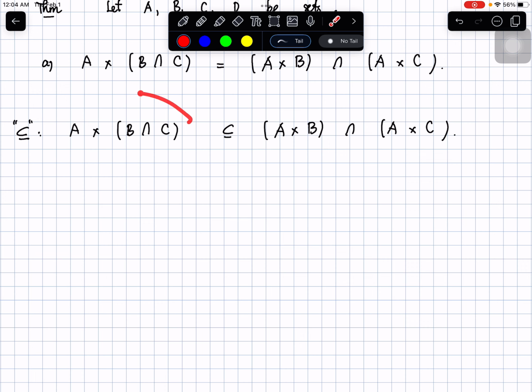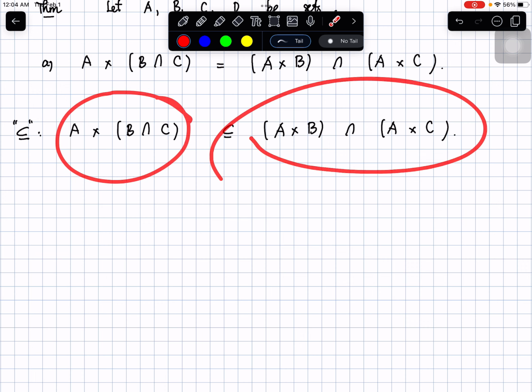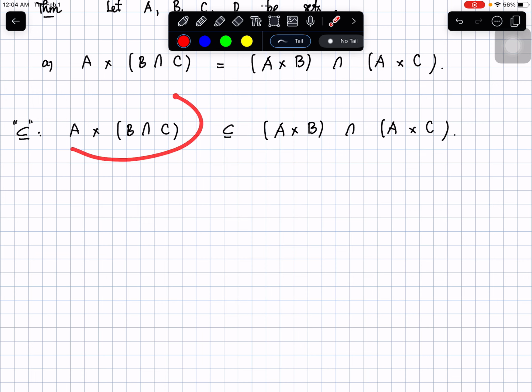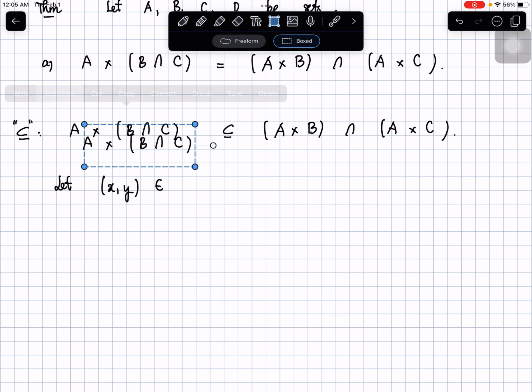So set A is a subset of set B if any element in A is an element in B. Right? So now pick an arbitrary element. Because this is a Cartesian product, I can just write it as x comma y, an arbitrary element of this set.